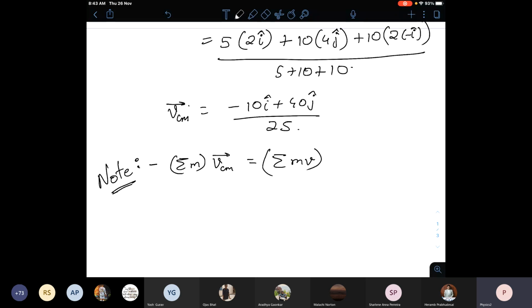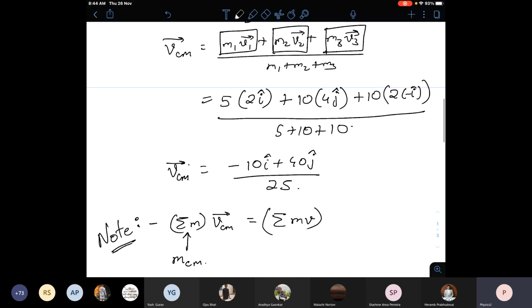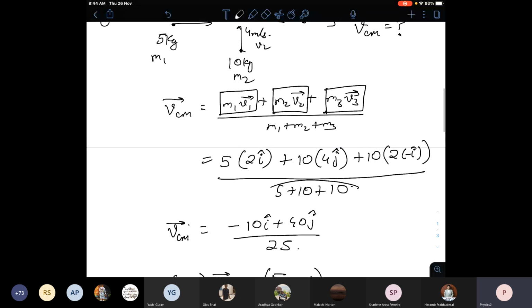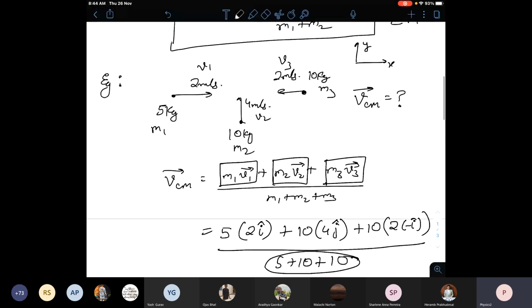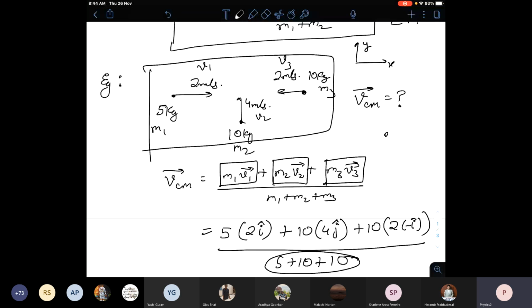Now this summation m is basically the total mass of the system. When I said that the total mass is coming out to be 25 kg, that means I can replace these three masses with a single point mass of 25 kg with the velocity of vcm, whichever direction it is coming.